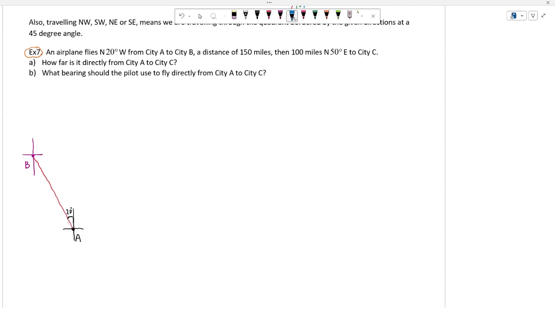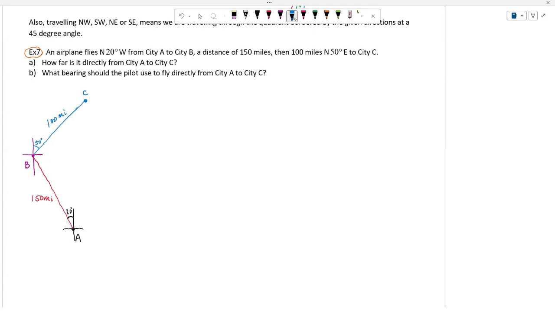So we will have north 50 degrees, then another 100 miles. And then we get to city C.